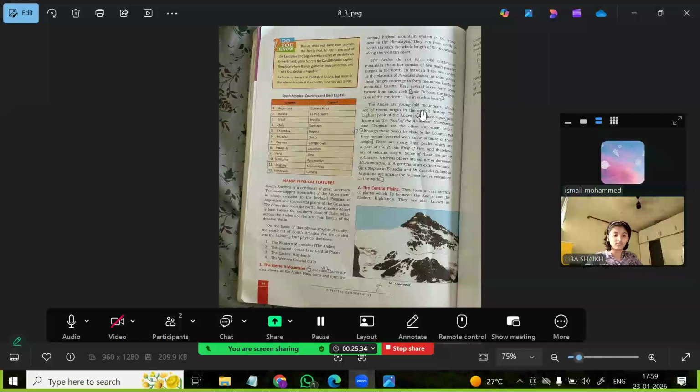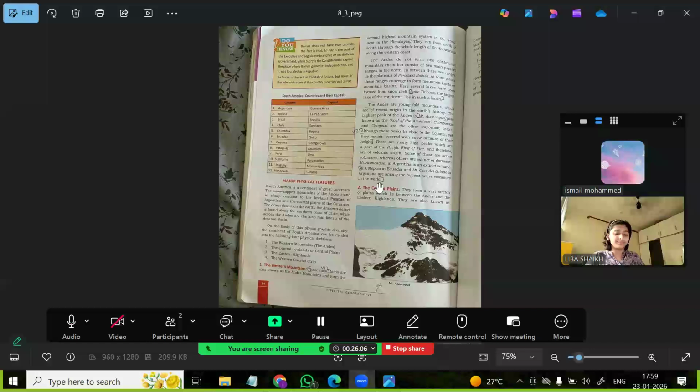So these things you have to remember here. And this is also important. Mount Cotopaxi in Ecuador has the highest active volcano. It was asked in this morning's session also. And Mount Aconcagua is also called the roof of America.